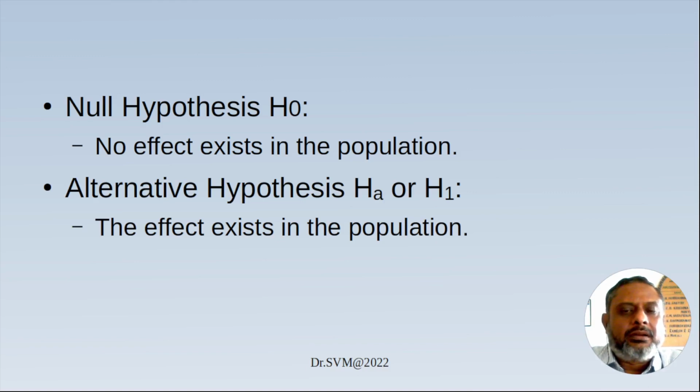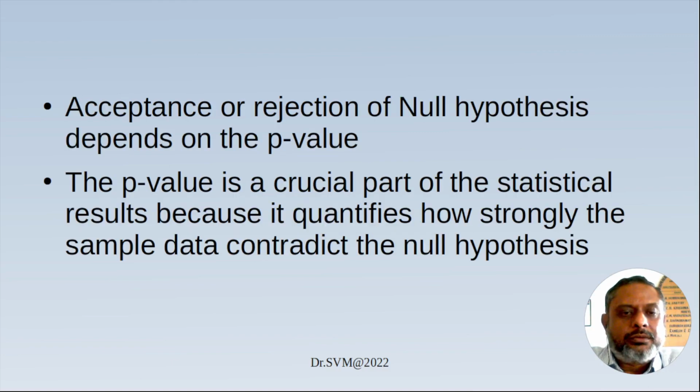Then we are looking at the data, and we say that if there is no such effect in the data, then it is null hypothesis. If there is some effect, then we say there is alternative hypothesis. So unless and until disproved, the null hypothesis is true.